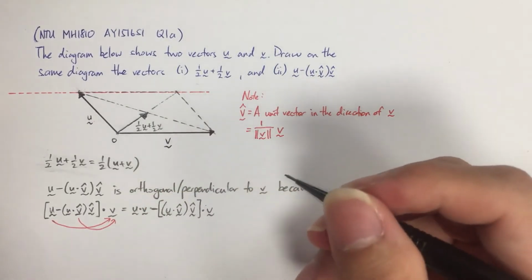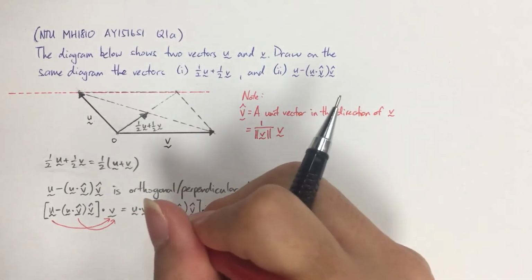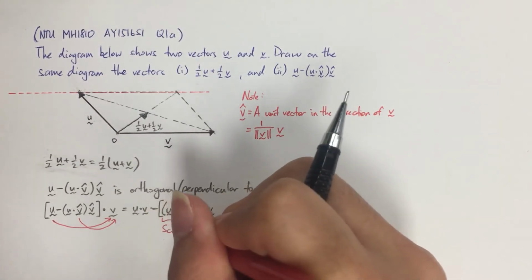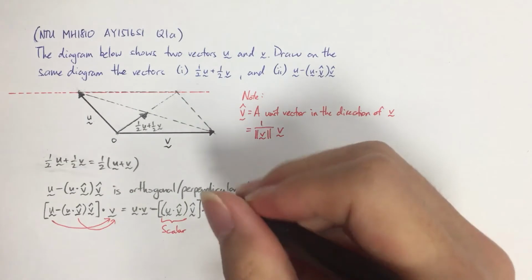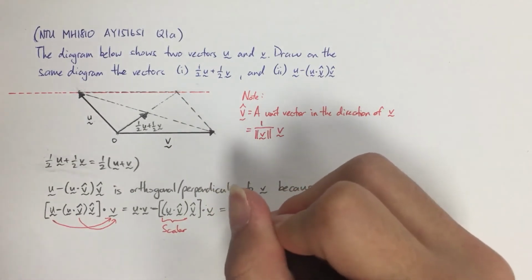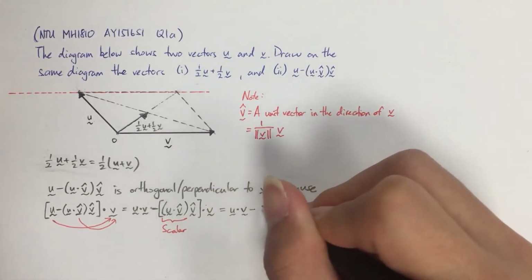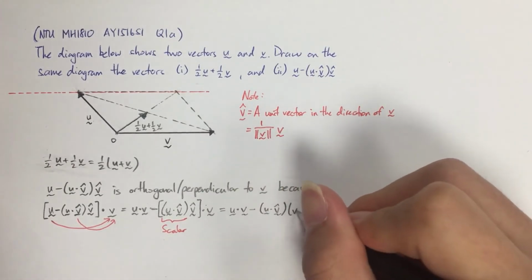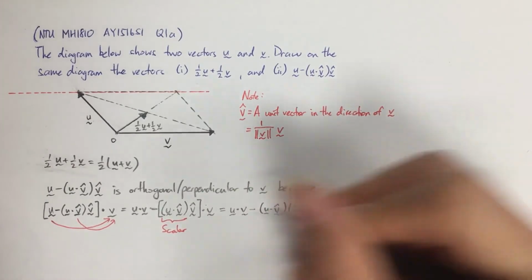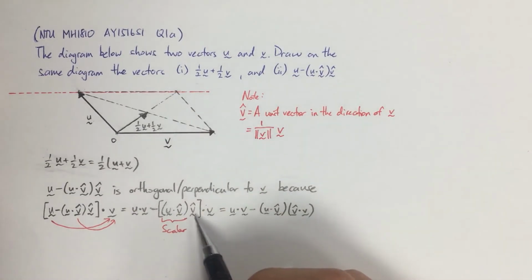Just remember that this is a scalar, a constant. It's not a vector. So we can always factorize it out of a dot product. So we get u dot v minus u dot v hat times v hat dot v, right? We factorized it all the way out so that we are only left with v hat dot v.